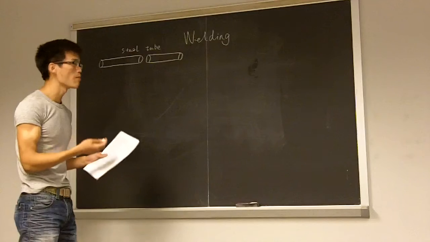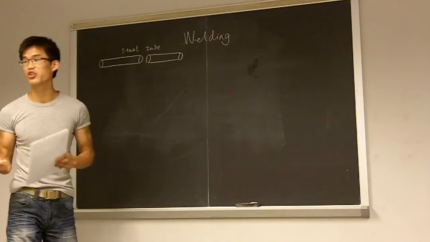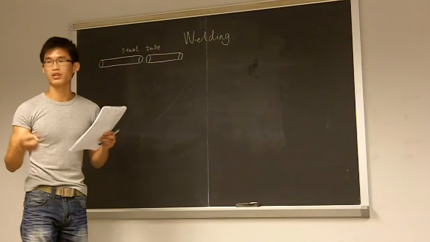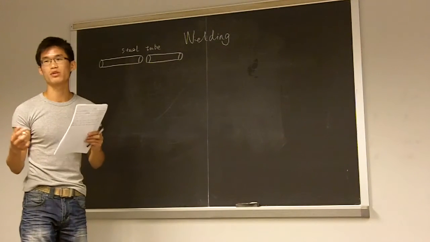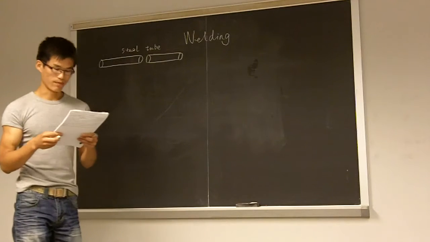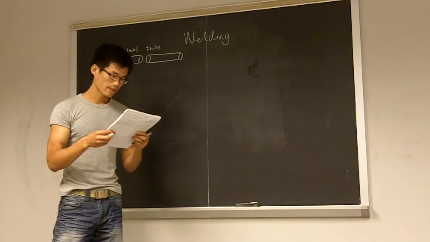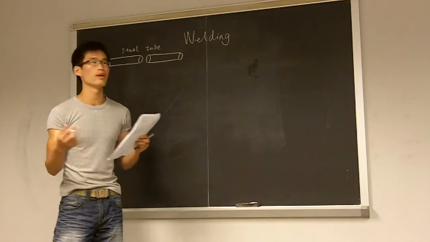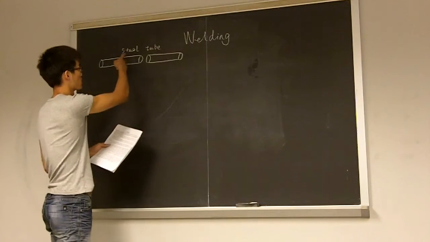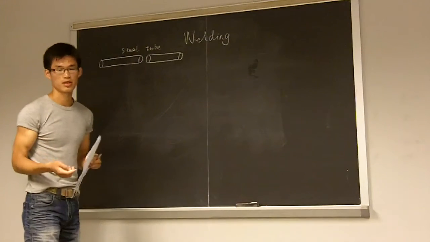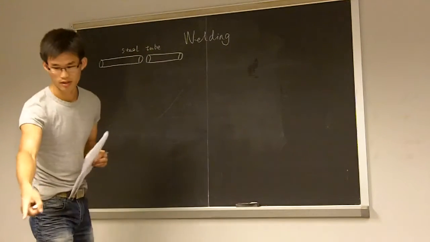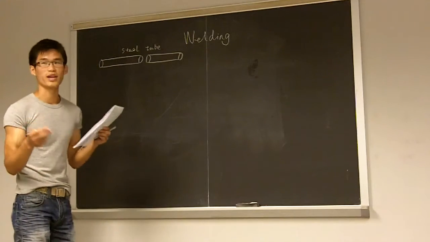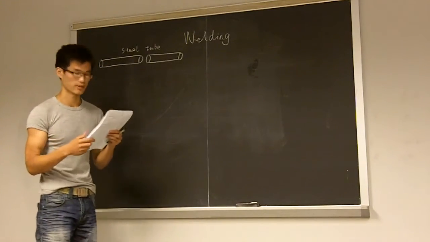Welding is a very common and important fabrication process in manufacturing factories and some other factories. Welding usually joins materials, usually metals like steel tubes, or plastics, by causing coalescence.